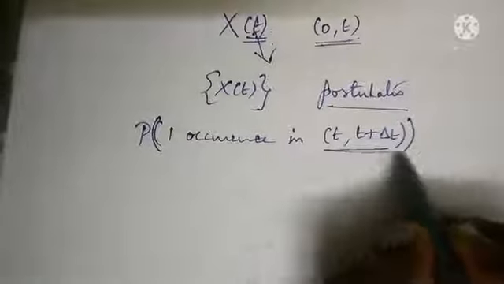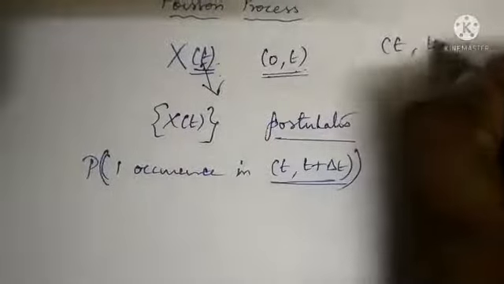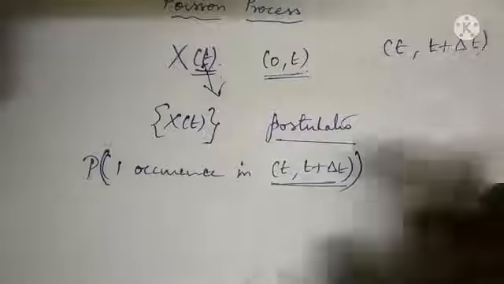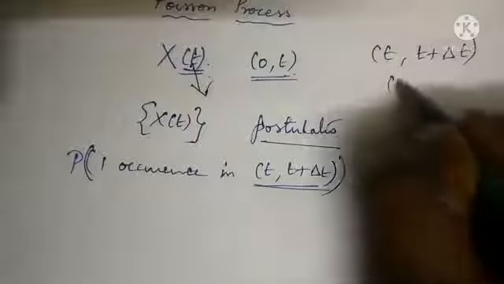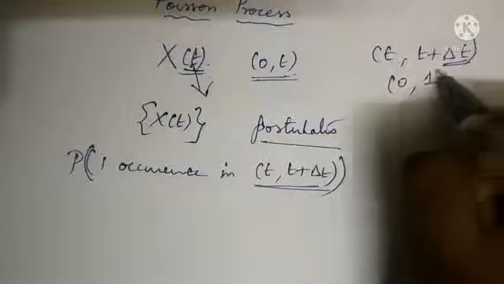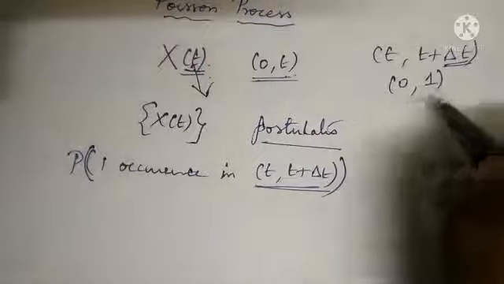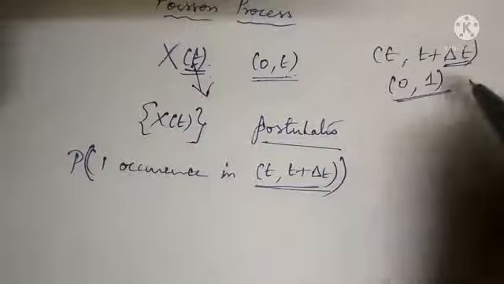If you consider this interval t, t plus delta t, for example, t may be 0 and delta t, the small change in time, may be 1 second or 2 seconds or some 5 seconds.